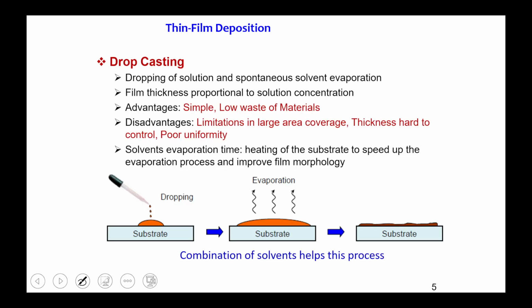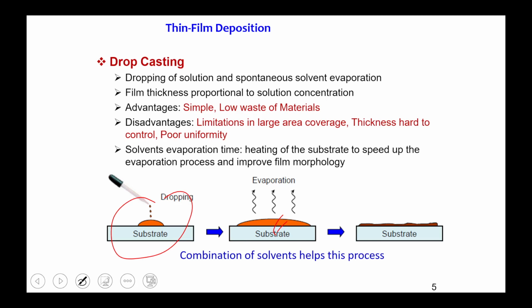So these are the steps of drop casting: dropping of solution and spontaneous solvent evaporation. We drop some solution, and we put it on the hot plate, because the material is in liquid form.